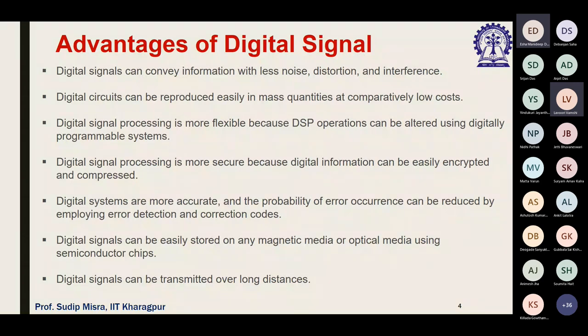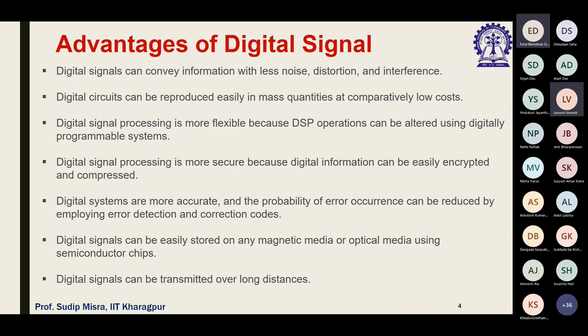Those things are reduced heavily in the case of digital signals. In another lecture, we are going to look more deeply into this noise, distortion, and interference, in a little more detail.